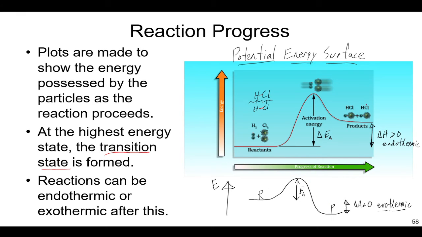So you could imagine that these two HCl molecules, you could play the movie in reverse. They could collide with the right orientation, with the right amount of activation energy to form H2 and Cl2. Okay, so although the overall reaction here is H2 plus Cl2 making 2 HCl, you could have the reverse of this reaction happen as well.